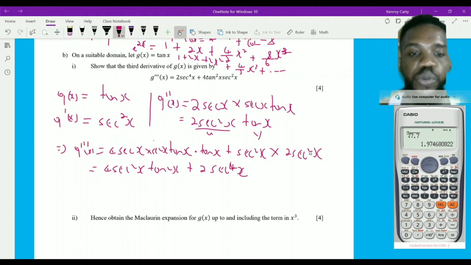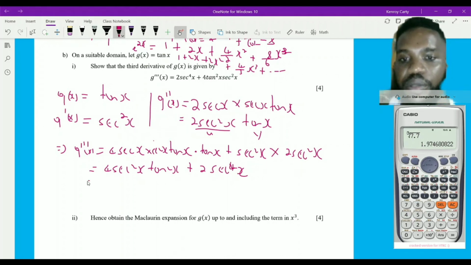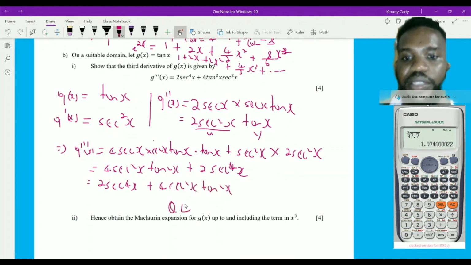By laws of indices, you add up the powers, you get a power of 4. Now, is that what I wanted? Yes, all we have to do is turn this around to say 2 sec to the 4 x plus 4 sec squared x tan squared x. Exactly what we wanted, so we say QED. Alright, let's take this down some more.